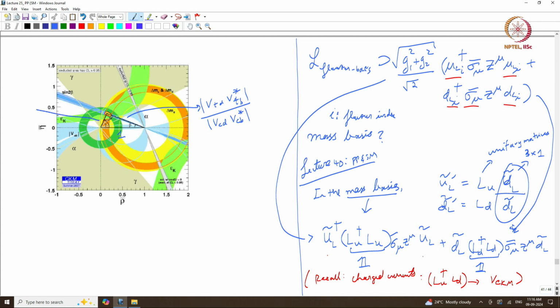And this is VUD VUB star divided by that quantity VCD VCB star. So that is the normalization done. You scale your variables to some rho bar and eta bar, that literally means this.